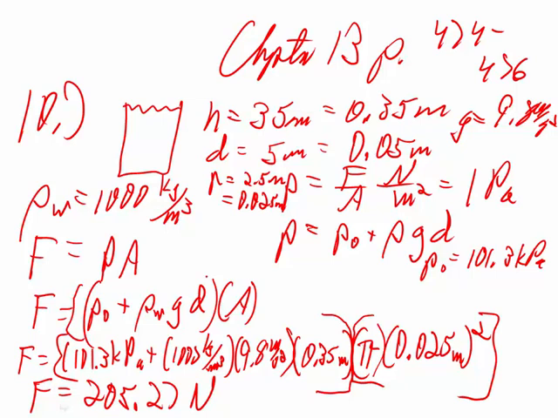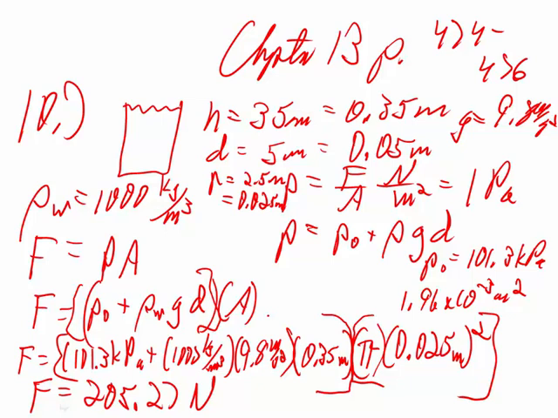Everybody see what I'm doing? All right, when you do the area, this comes out to be 1.96 times 10 to the negative third meters squared. This comes out to be, I think, 3430, if I'm not mistaken.